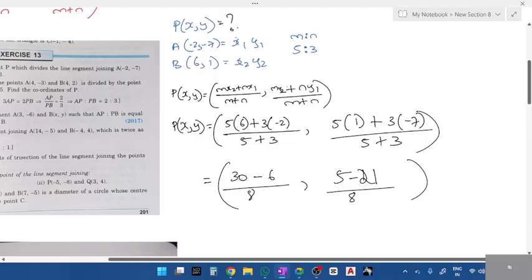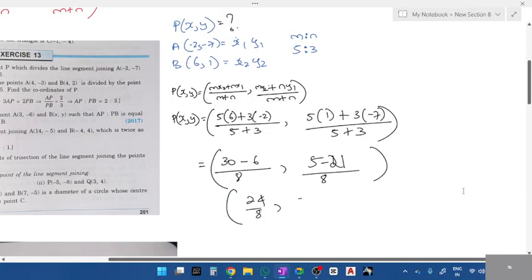Okay, complete this. 30 minus 6, 24 by 8 minus 5 minus 21 is, yes, what's the value, students?